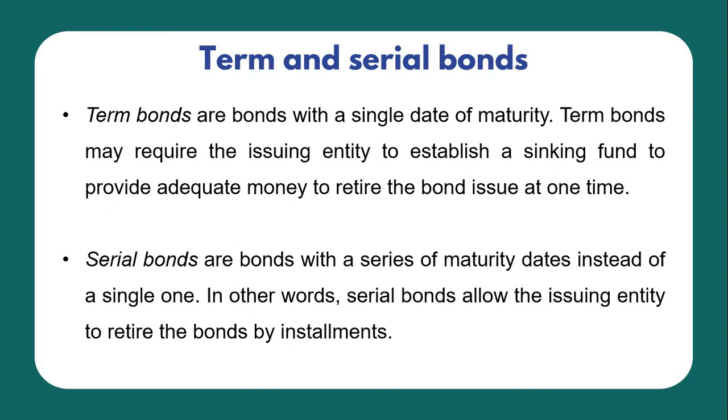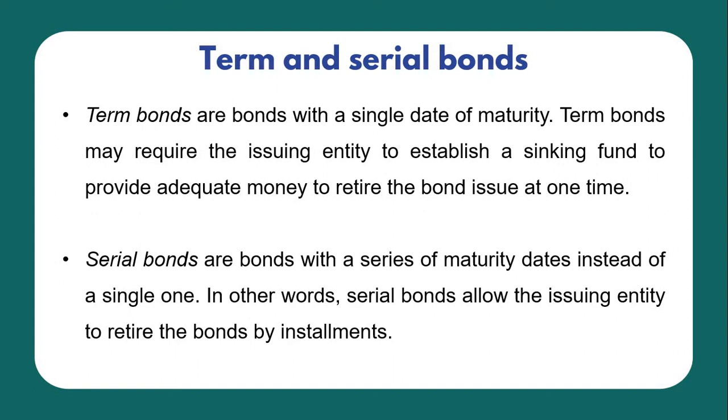So there are different types of bonds that we can encounter, such as term and serial bonds. So these bonds differ as to the terms of payment. Because when you say term bonds, these are bonds with a single date of maturity. In layman's term, their payment usually is made on a lump sum basis, meaning kaisa lang siya.